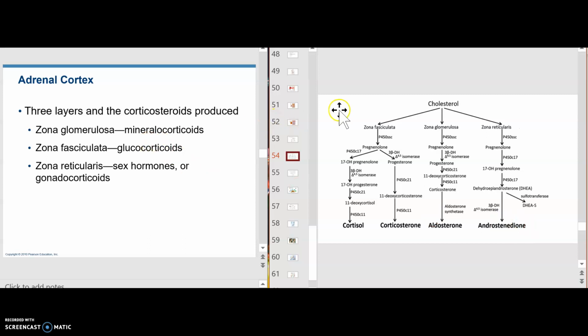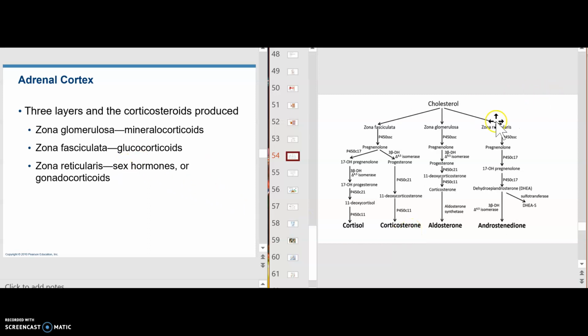Okay. The Zona Glomerulosa, which is right here, produces mineral corticoids, and the primary mineral corticoid is aldosterone, which you should have seen in the cardiovascular section. The Zona Fasciculata produces the glucocorticoids, with the main one being cortisol and a little bit of corticosterone.